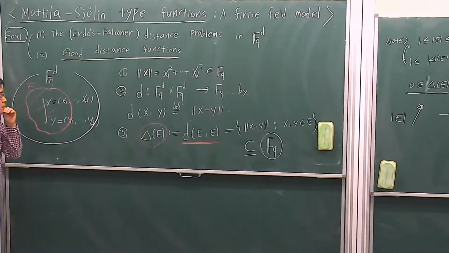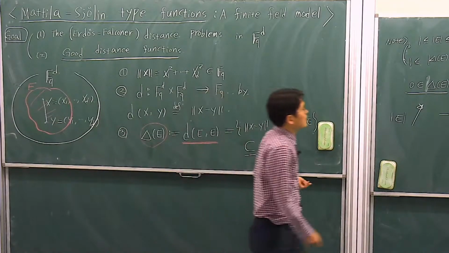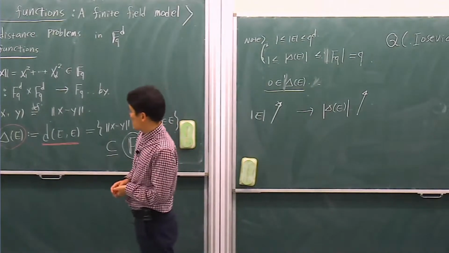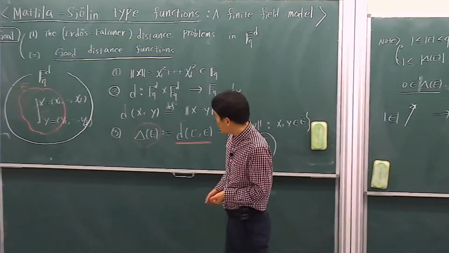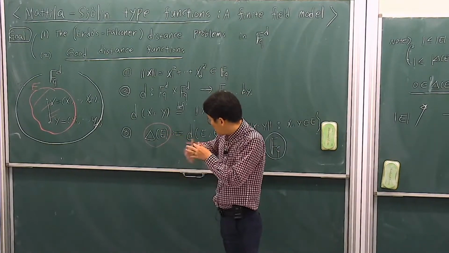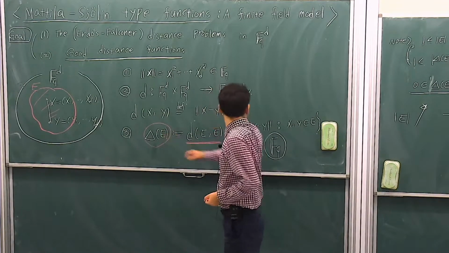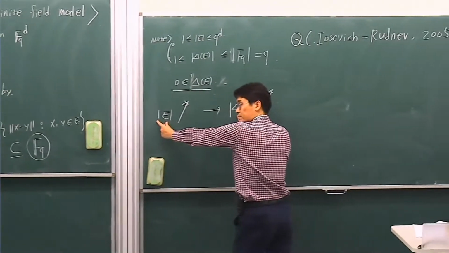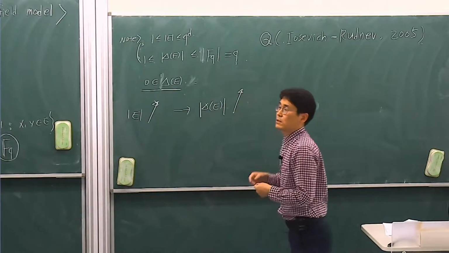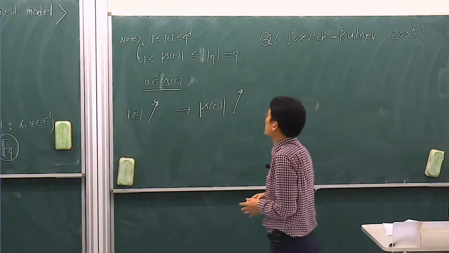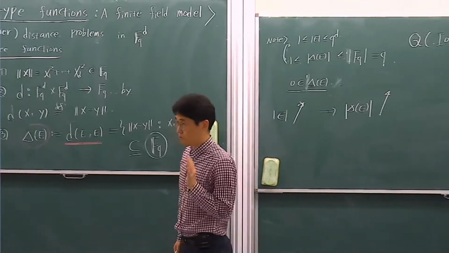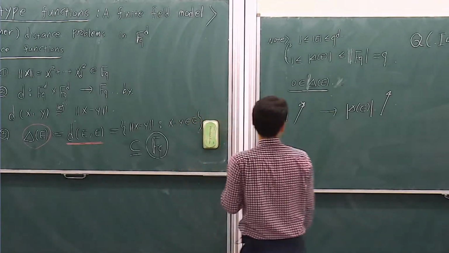The first finite field version was by Bourgain, Katz and Tao, who considered the relation between the size of E and the size of the distance set. But today I'm not interested in such kinds of Erdos problems. Today I wanted to focus on a different way.